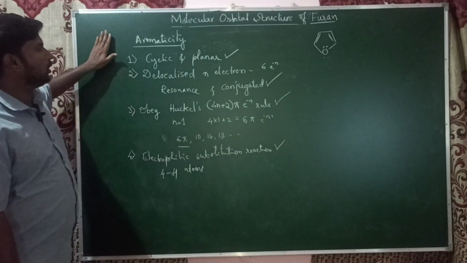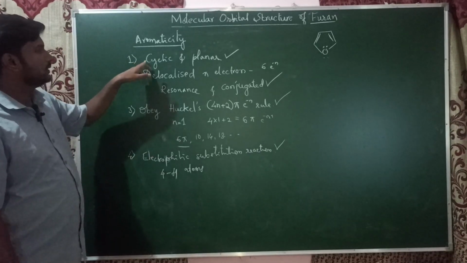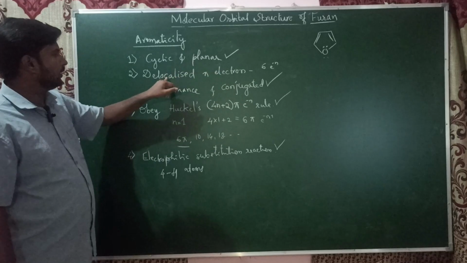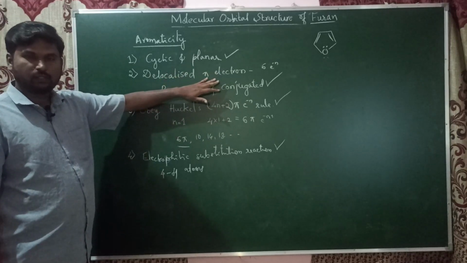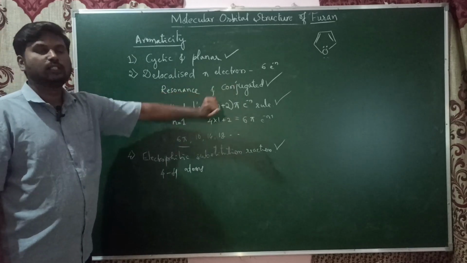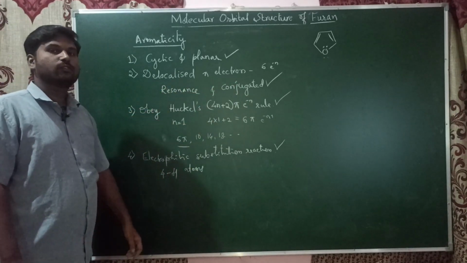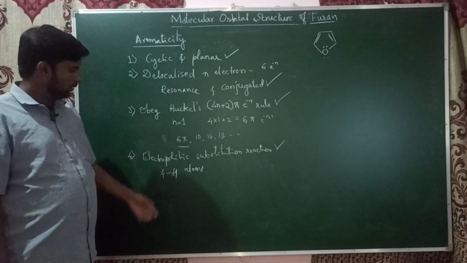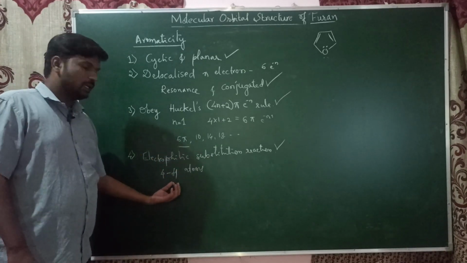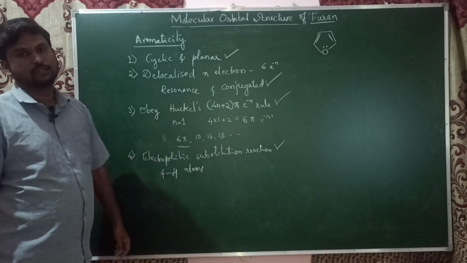Hence it obeys all the criteria. The first is cyclic and planar nature; it should have delocalized electrons, showing resonance with a conjugated system; the third is that it should obey Huckel's 4n plus 2 pi electron rule; and it should have at least one hydrogen for the electrophilic substitution reaction.